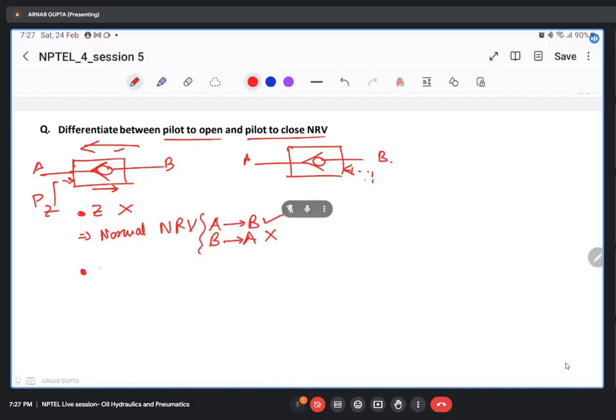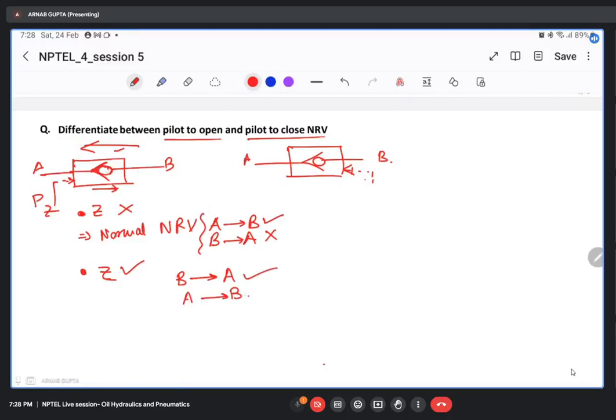But if you have sufficient pressure at Z, so I am denoting it as Z tick, there is a signal at this pilot line. If the value of PZ is sufficiently high, then due to that spring mechanism that I showed, generally it's not shown here, but due to that mechanism, it allows the flow to happen from B to A. And A to B is anyway always possible because this ball will pop up on this side.